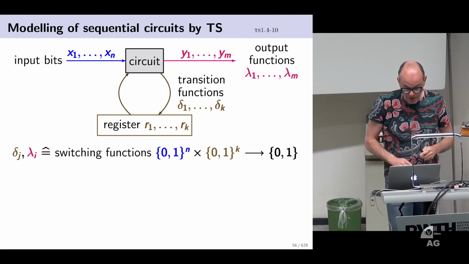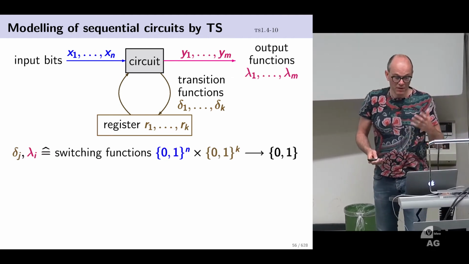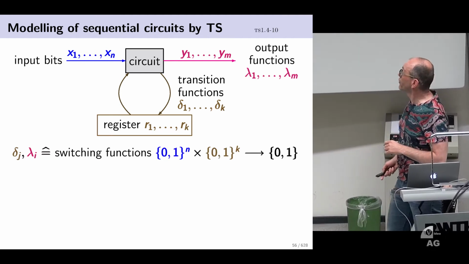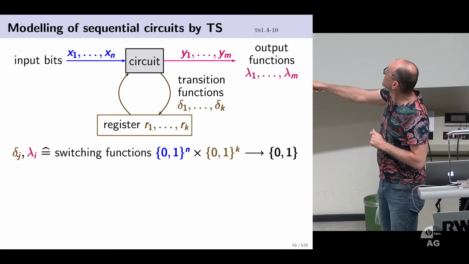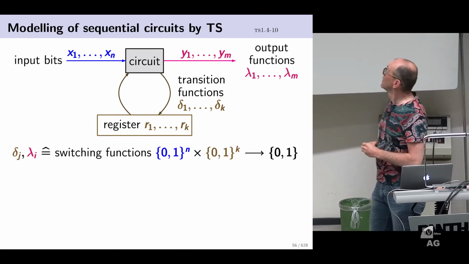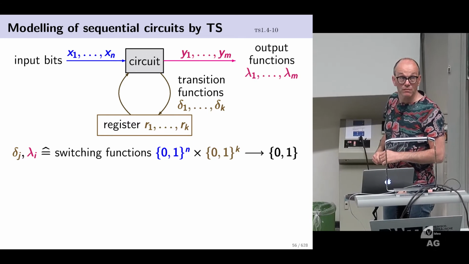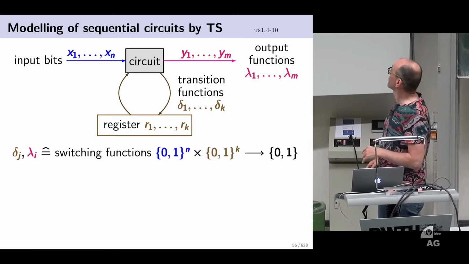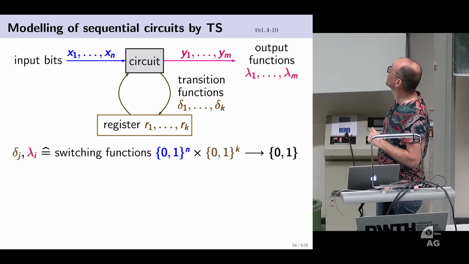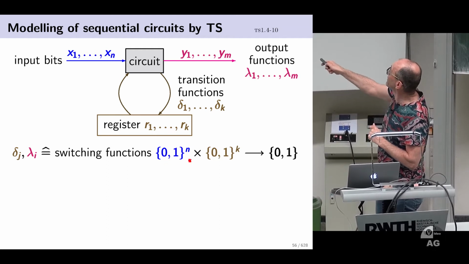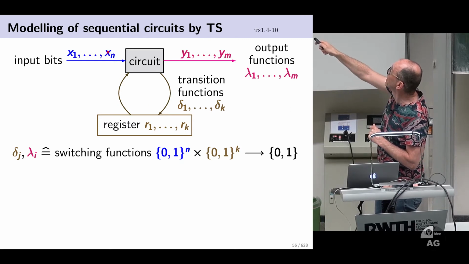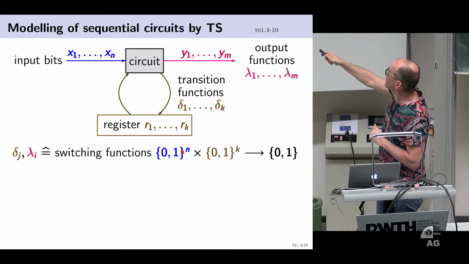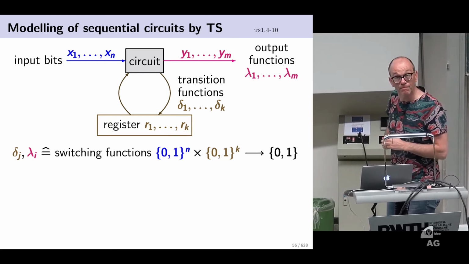Good. So what are the types of these functions? These deltas and these lambdas are all functions. We call them switching functions, but that's not so important. What do they do? They take as input, first of all, the input bits. The input bits are n-tuples because I have n inputs. Every value is binary, so I have {0,1} to the power n.